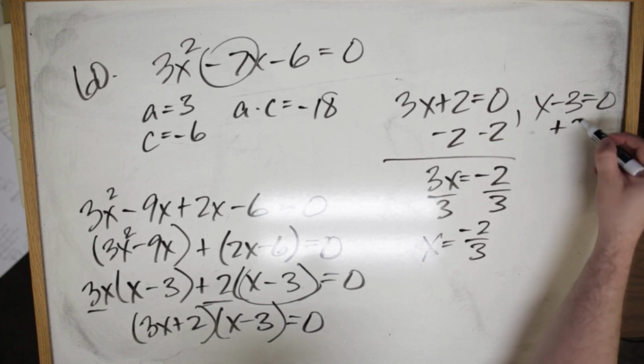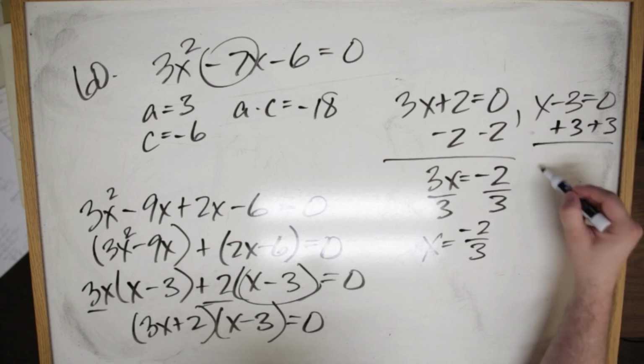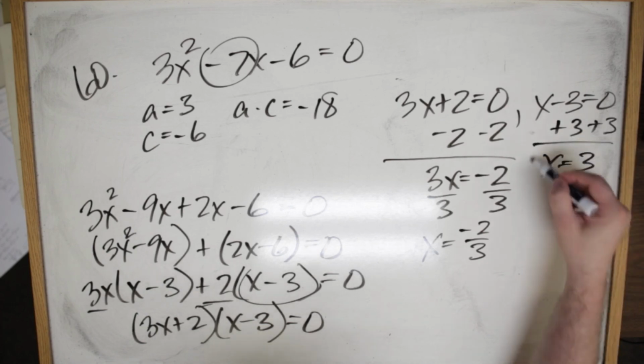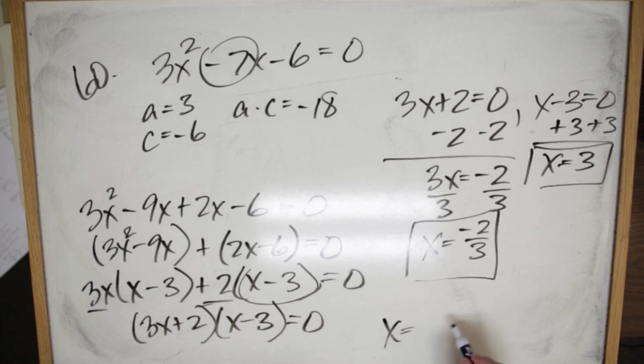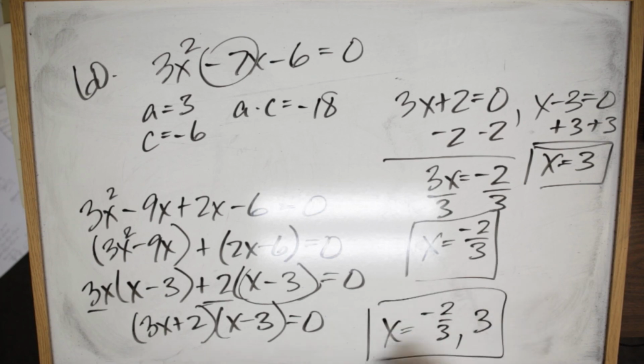And then I'll do this side. Plus 3 on both sides, and I'm going to get x is equal to positive 3. Okay? So my two solutions are going to be minus 2/3 and 3. So that is the solution to that particular problem. Okay? That's it. That's all we got.